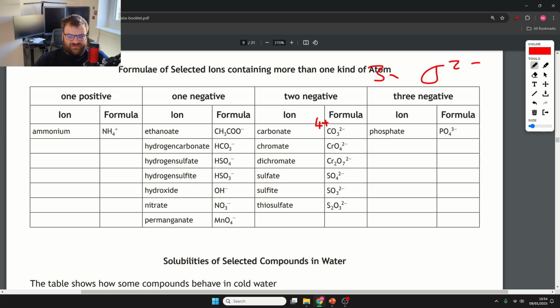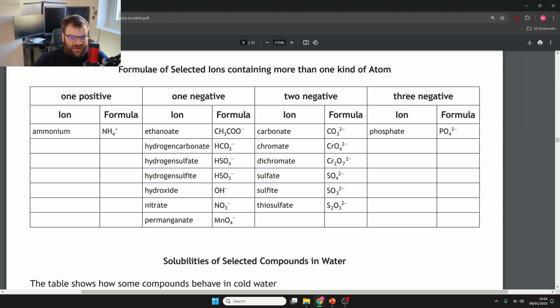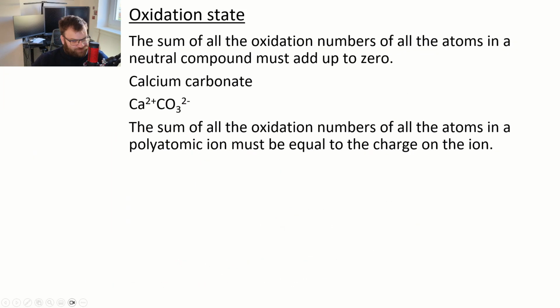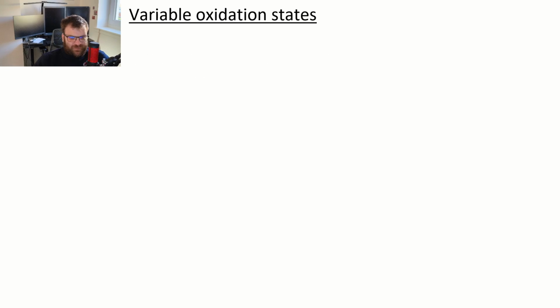If you have 3 of them, that gives you a total of 6-. 4+ and 6- leaves you with 2- overall. And that's how those ones come about. You can use the data booklet to help guide you when needed. If you have something like hydroxide, it has an oxygen which is 2-, a hydrogen which is 1+. Put them together gives you 1- overall, OH- for hydroxide ions.